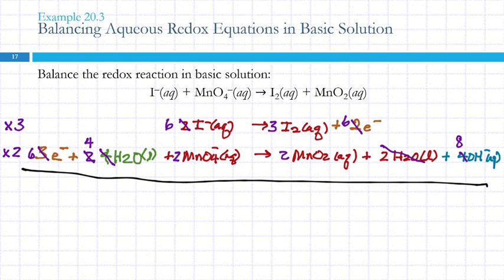Now we can add them together. Because I have 6 electrons on the top and I have 6 electrons on the bottom, so those go away. Copy down everything else. 6 I minus plus 2 MnO4 minus plus 4 H2O.